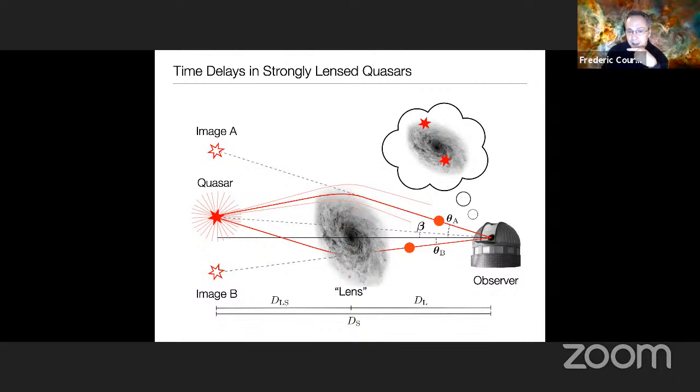And that's why this method depends on a model for the lensing galaxy, and of course, on the distances between the different things. So Dl, distance from the observer to the lens, Ds to the source, Dls from the lens to the source. Of course, you never see the unlensed quasar. You only see the lensed images.